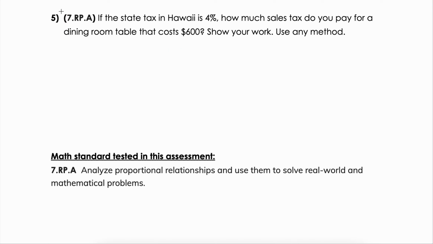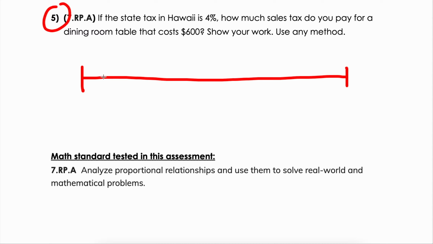Let's look at the second method. So second method, we're going to draw ourselves a double number line, 0%, 100%. 100% of the table is $600. It's not on sale or anything. I need to figure out 4%. Well, 100 of the percents is 600.